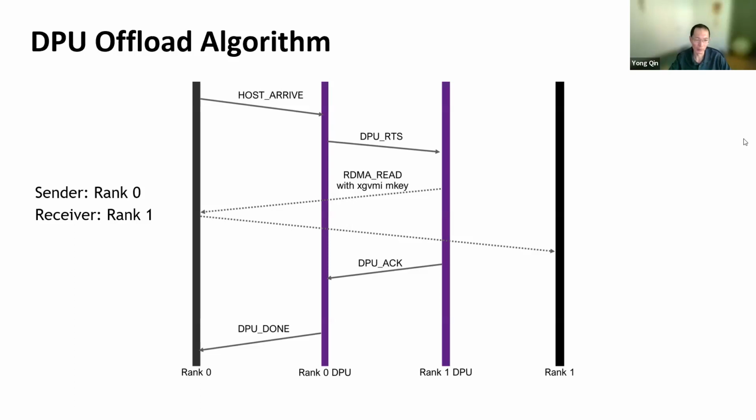The way to do it, using just 2 ranks as an example: here we have the blue bars, which represent the host ranks, and the other bars represent the DPUs that are working on behalf of the host ranks. So when the collective starts on the host side, like for example on rank 0, the first thing it needs to do is send a host arrive message from the host rank to the DPU, which represents itself.